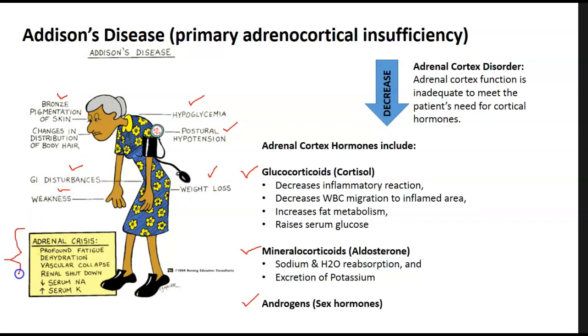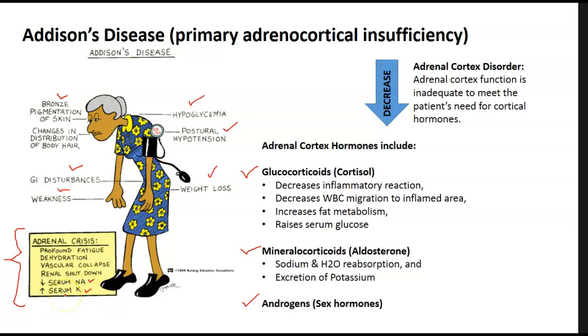Crisis is what you really want to prevent in these patients. They'll have profound fatigue, dehydration. They'll start to have vascular collapse. Their kidneys will start to shut down. Their sodium levels go down, and their potassium levels go up.